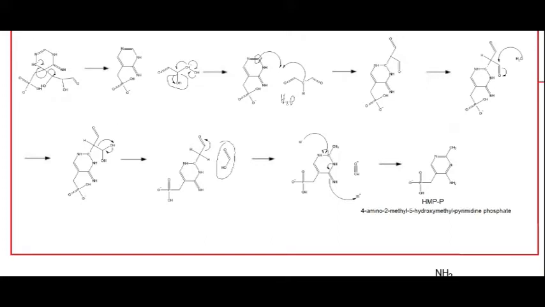And then we have an electron coming probably from that ferredoxin here, coming down to generate a double bond along with this radical right here, and that's how we end up with our HMP phosphate. Yeah, so that is the mechanism that I proposed for this.